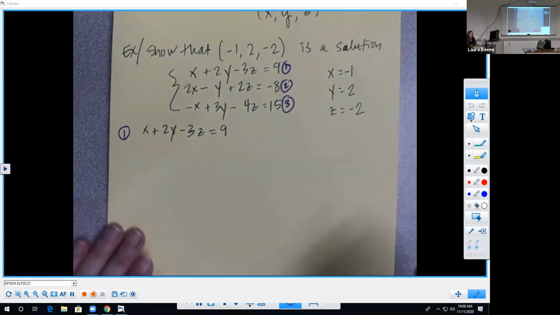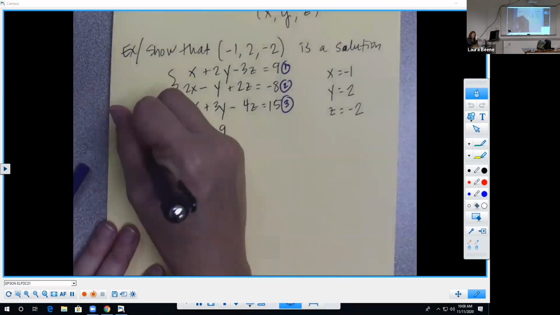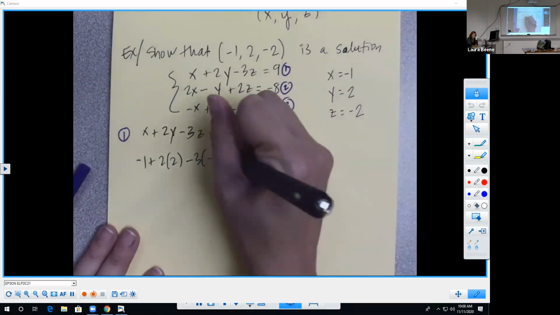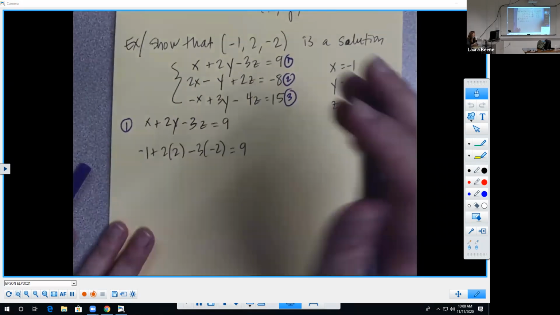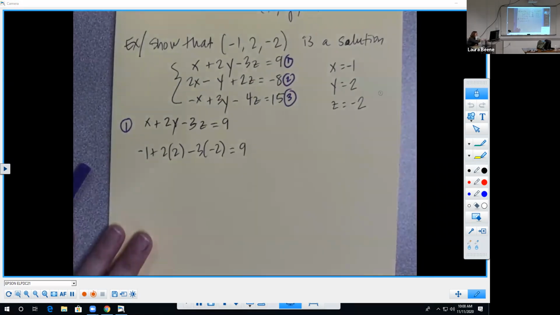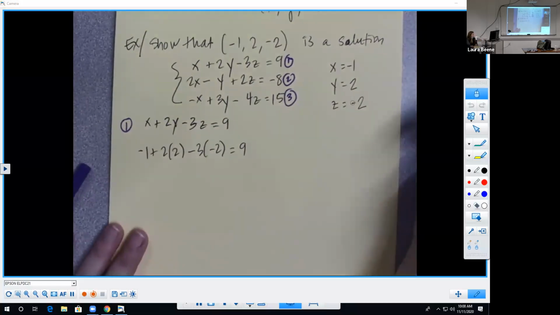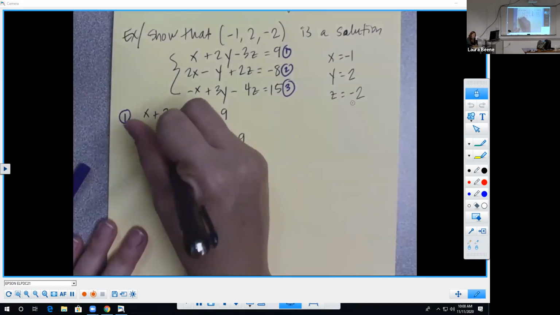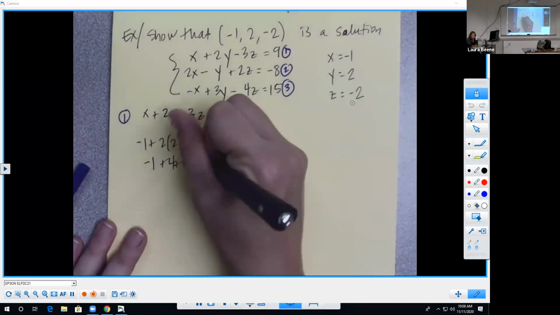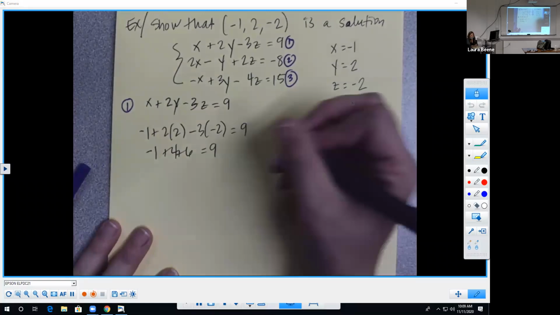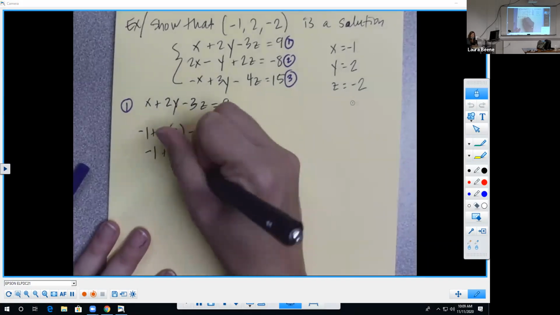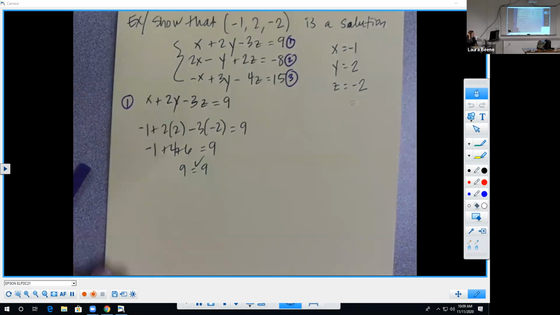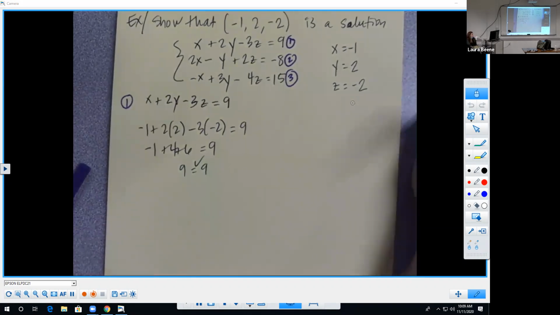This would be -1 plus 2 times 2 minus 3 times -2. So I get -1 plus 4 plus 6. Does that equal 9? Yes. So the solution works for the first equation.